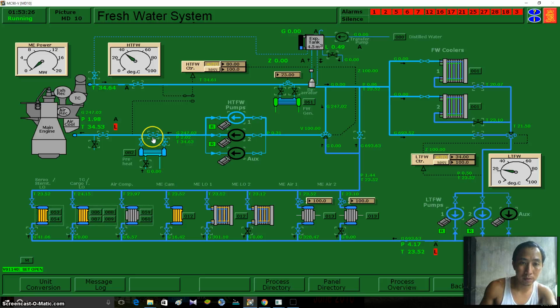Okay, and we're going to close this one. And we're going to open our steam. As you can see, the temperature rises. Again, it is set to 80 degrees Celsius, so that is automatic.